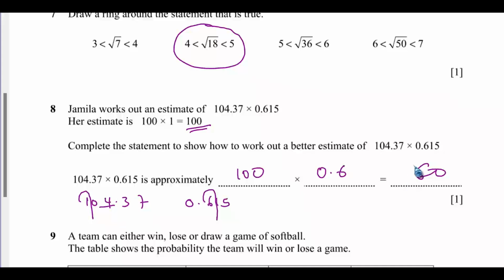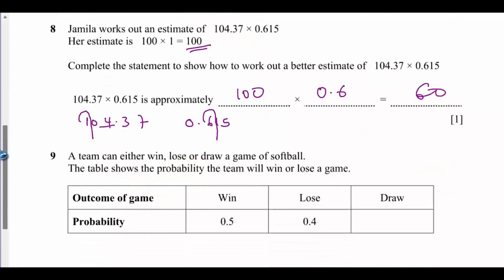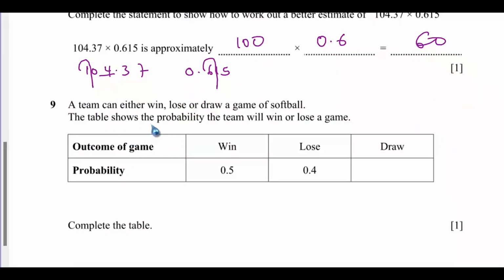Okay, so let's go to the next question. That will be question 9. A team can either win, lose, or draw a game of softball. The table shows the probability the team will win or lose a game. You are asked to find the probability that the team loses.